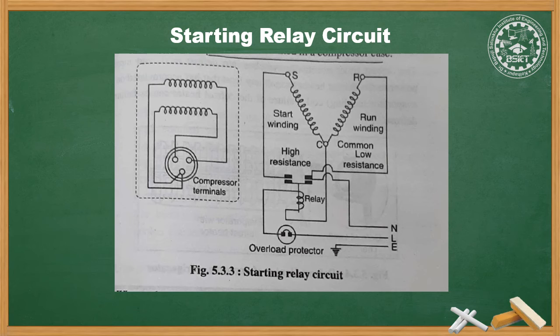As the compressor reaches three-quarters of its running speed, the current flow through the relay decreases due to the counteracting magnetic field of the motor, and the magnet weakens. Thus the contact falls open. This relay is always used with an overload protector, to avoid overstarting of the compressor.